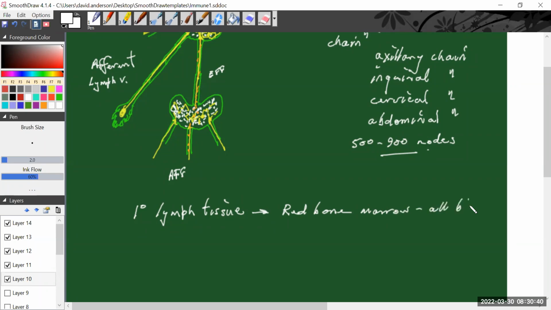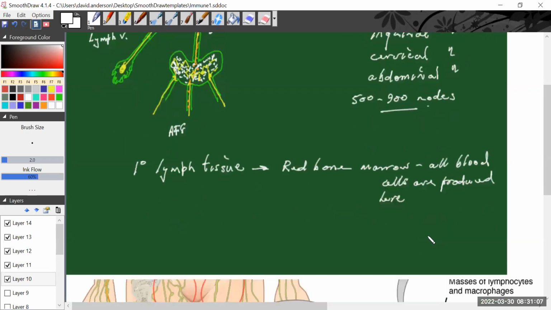All our blood cells are produced in red bone marrow. It doesn't matter whether you're talking about red blood cells, white blood cells, or platelets. All of the cells associated with what circulates in the blood are going to be found originating in red bone marrow. And again, the recording that you've got on blood explains this as well. So our white blood cells are no exception. They're going to originate here.